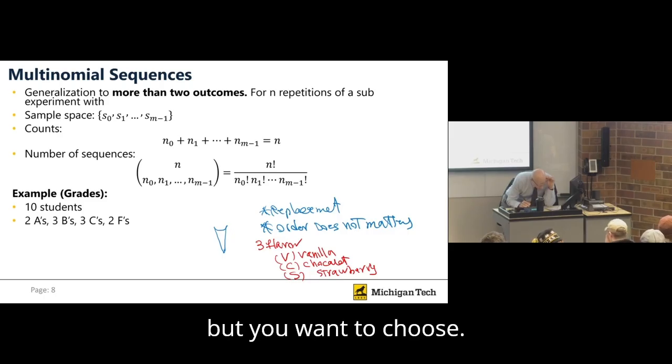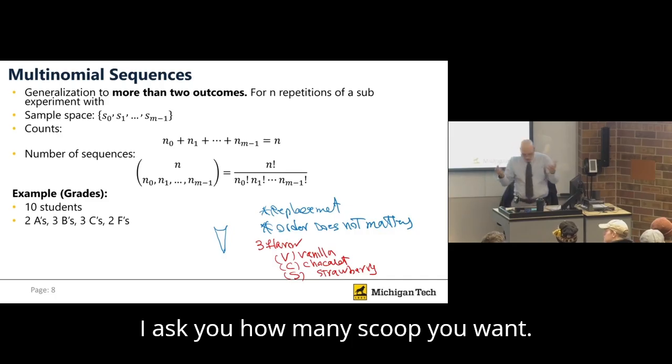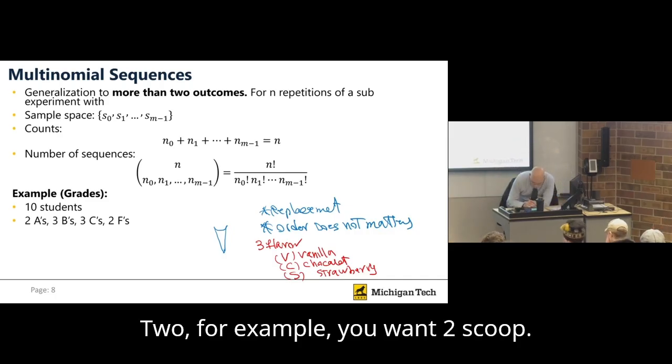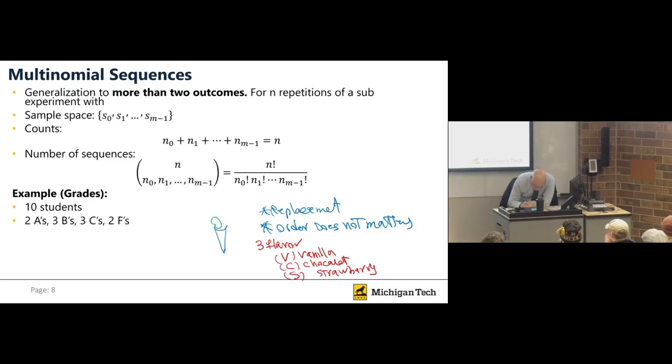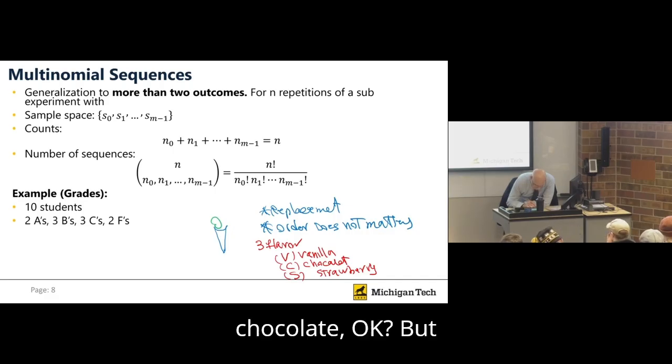But you want to choose, if I ask you how many scoops you want, say 2, for example. You want 2 scoops. One, for example, vanilla, 1 chocolate, okay?